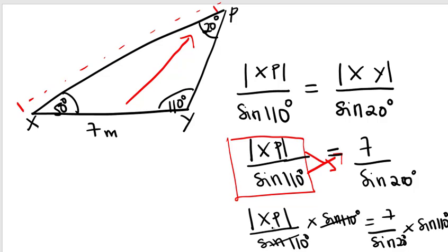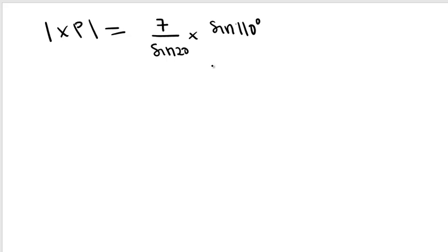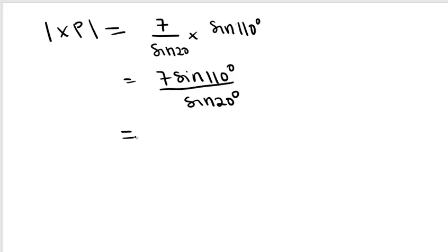Now you are left with the side XP being equal to 7 over sine 20 times sine 110 degrees. This will give you 7 sine 110 degrees all over sine 20 degrees. Now you type this on a calculator, and the calculator gives you 19.2336.